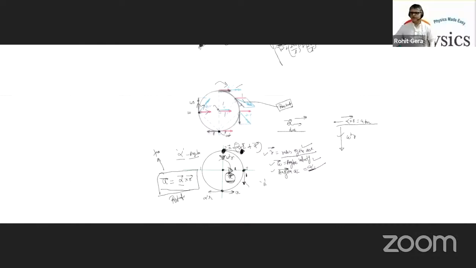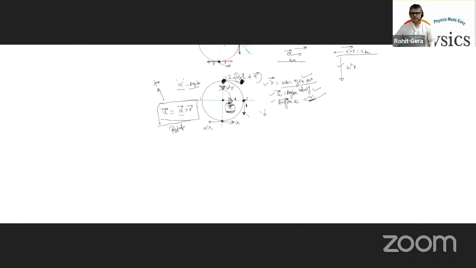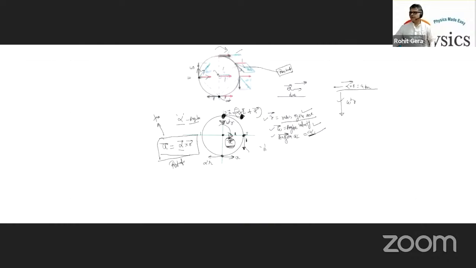So be very careful when you write the vectors. If you get the vectors right, you got it. Now you also need to have a sense of direction of alpha and omega, because I told you omega is a vector. How will you find a, which is a combination of both alpha and tangential?